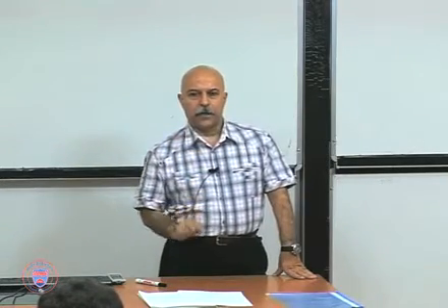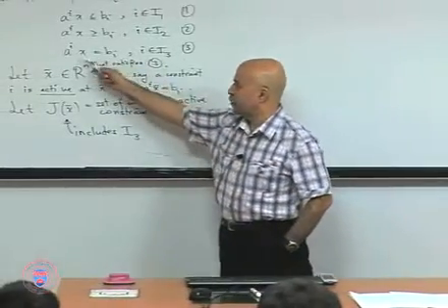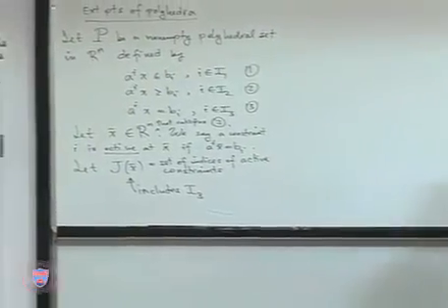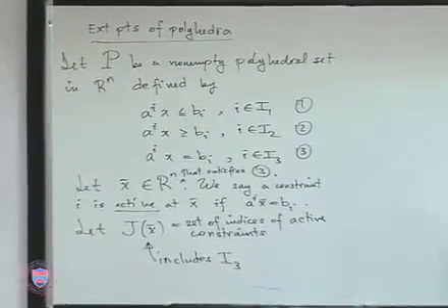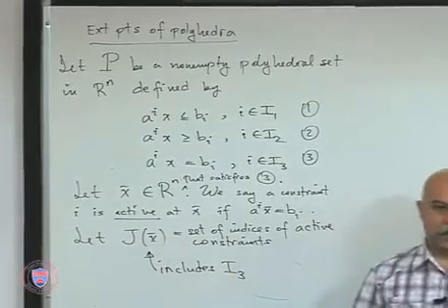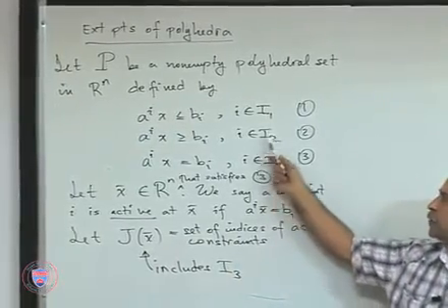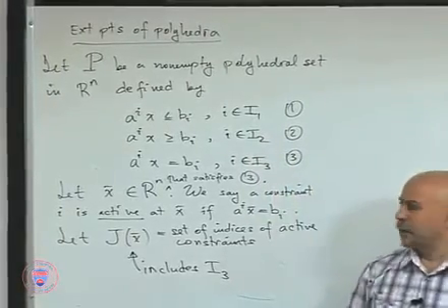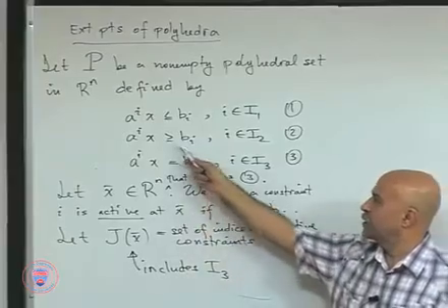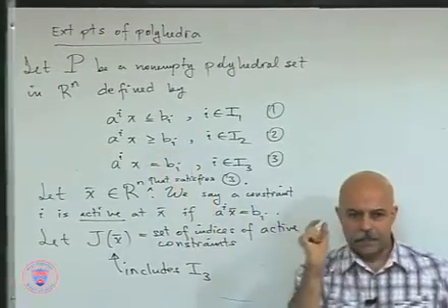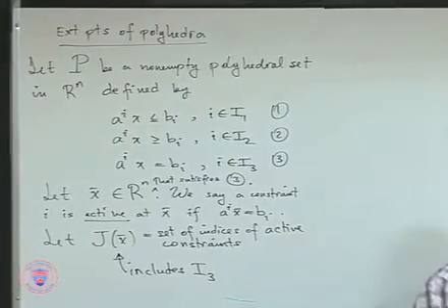If you have a point x bar, not necessarily of the polyhedral set, but a point x bar which satisfies all of the equalities. And if you look at the active set of constraints here, which surely includes I3, but may also include some of the other sets, I1 and I2, as long as a constraint satisfies those inequalities as actual equalities. Okay?